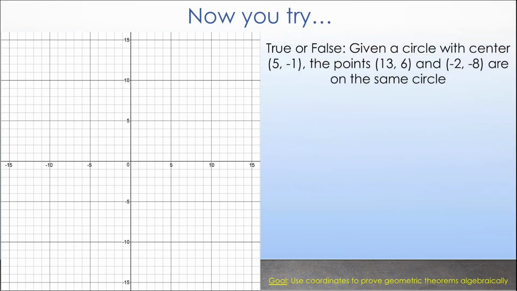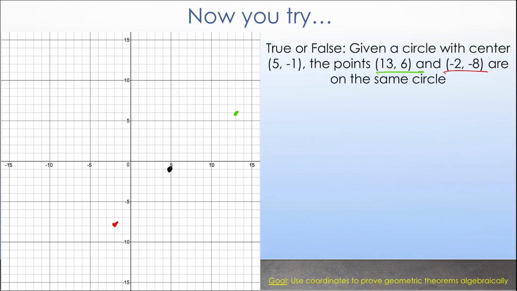Okay, let's try again. So we have 5, negative 1. There's my center. 13, 6. Okay. And negative 2, negative 8. Whew, those are pretty close.